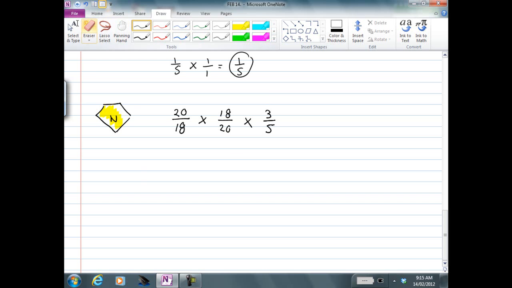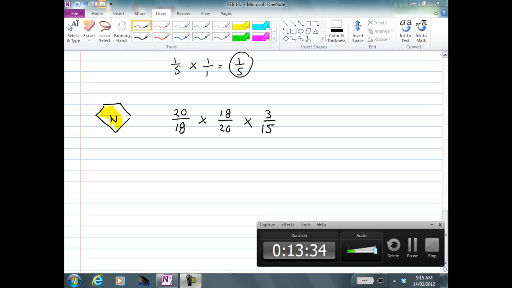Actually, I'm going to change one thing a bit. 3 over 15. Guys and gals, let's see how many you can take it to the next step, following exactly what I've been showing you. Good luck. I'm going to pause it.